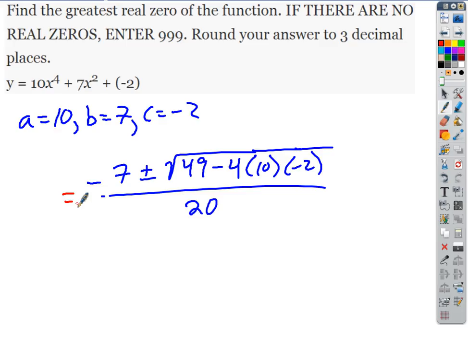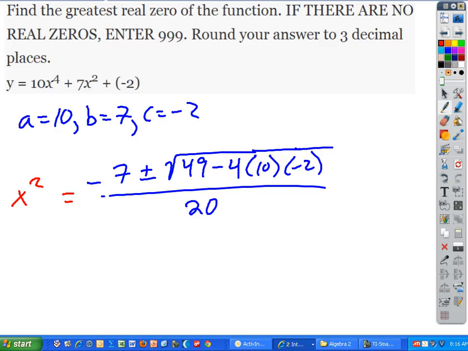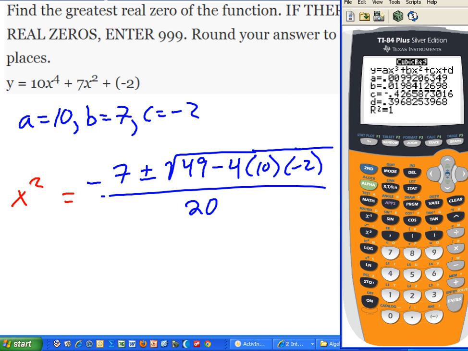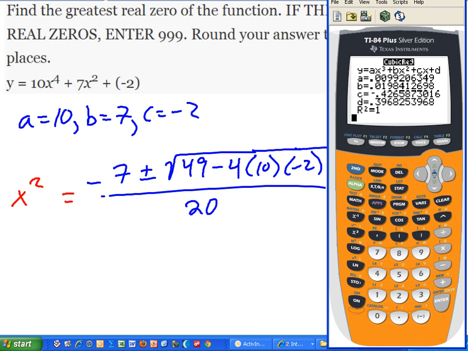Where's my calculator? Okay, so all we'd have to do, if we use the quadratic formula, and that's fine, is have the quantity negative 7 plus the square root of 49 minus 4 times 10 times negative 2.